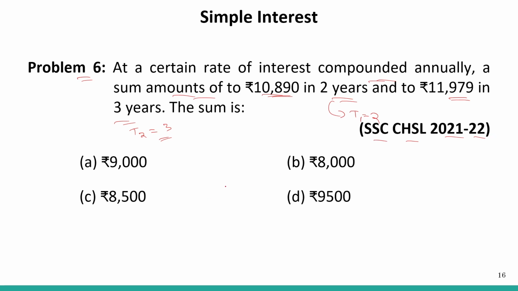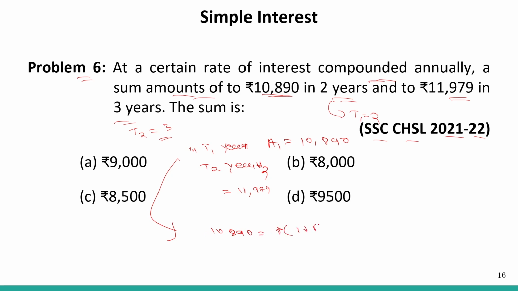Given that the sum amounts to, in T1 year, A1 is equal to 10,890, and in T2 year, A2 is equal to 11,979. So we can write that A1, that is 10,890, is equal to P into (1 plus R by 100) power 2.